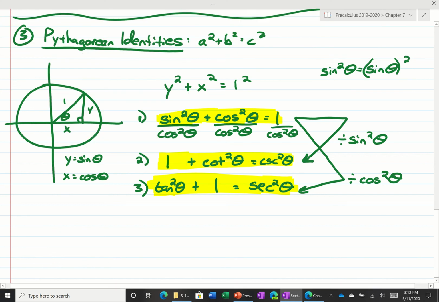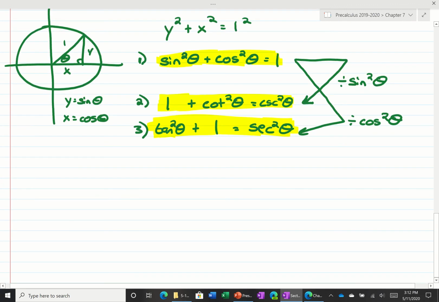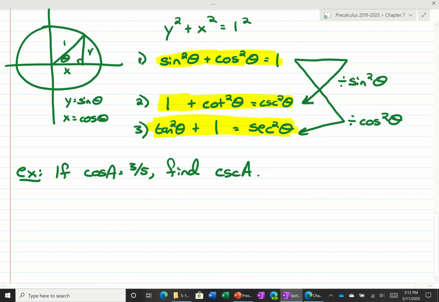So let's do an example with these. Example: if cosine of A is equal to 3/5, find cosecant of A. Now the problems that we're going to be seeing, I'm not going to tell you which formulas to use.